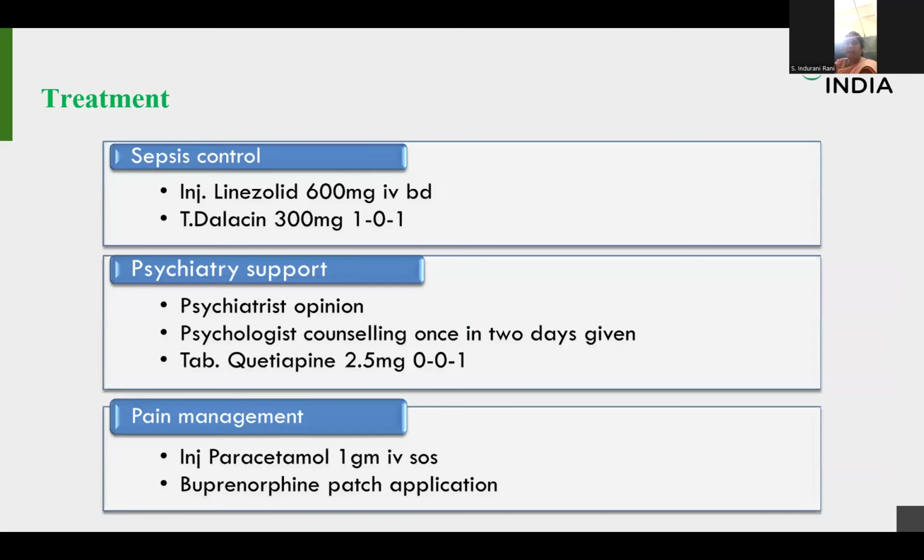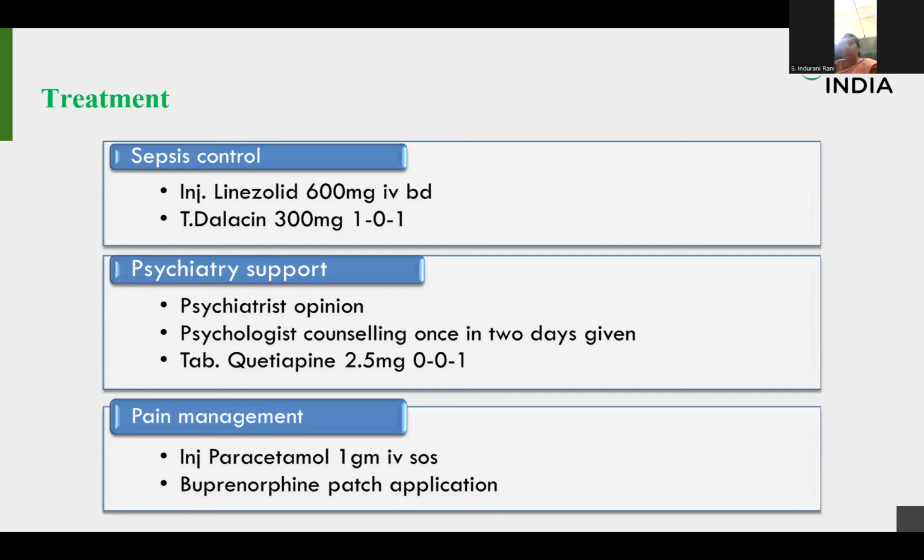First, plastic surgeon opinion obtained. For sepsis control, we gave injection linezolid 600 milligram IV BD and clindamycin 300 milligram BD. And psychiatric opinion obtained because the patient on admission was very depressive. After the psychiatric opinion, the patient was cooperating with us.